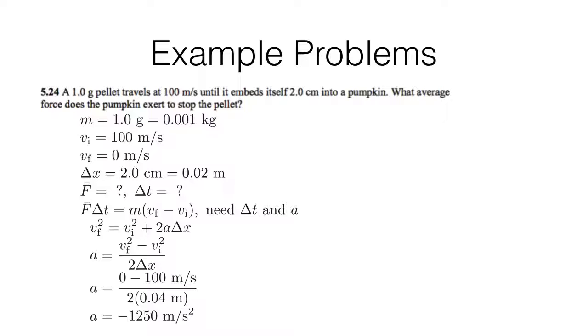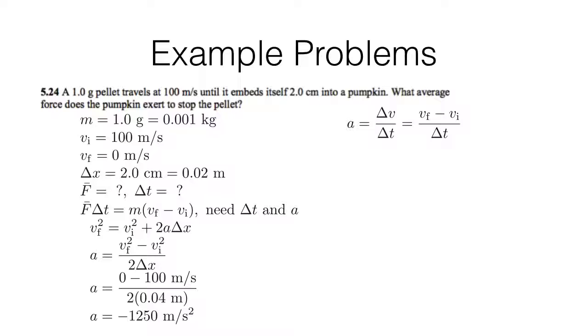That result might look a little off, like surely it can't be that big, but look at the mass of the pellet. It's a teeny tiny mass, and so you're probably going to have a big acceleration. Alright, next stop, let's find the time. Now that we have the acceleration, we can use the definition of acceleration, change in velocity over time, because we have the velocities.